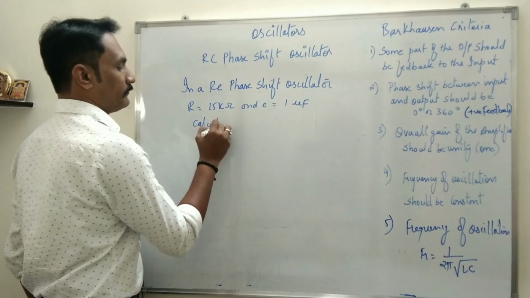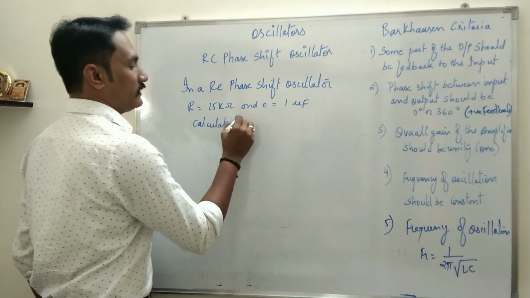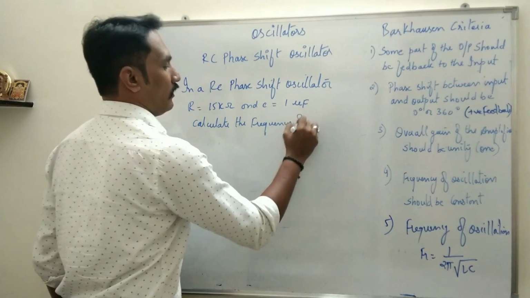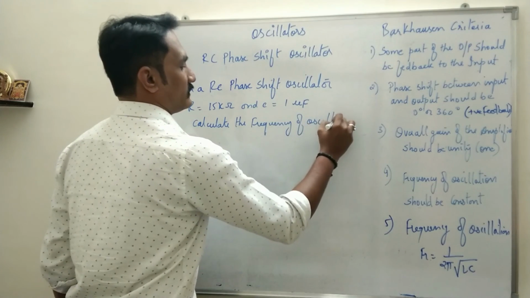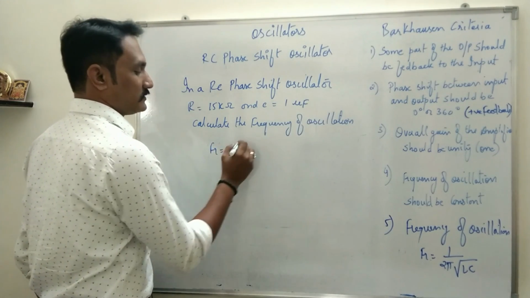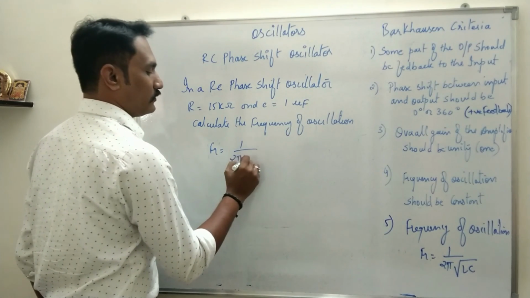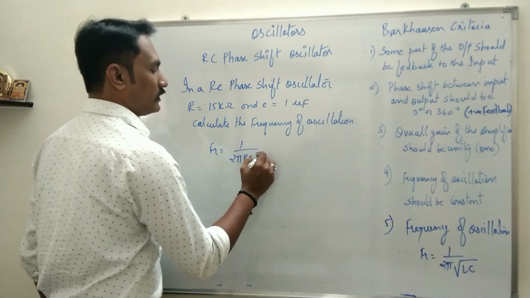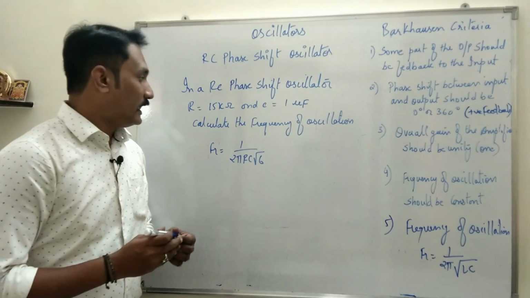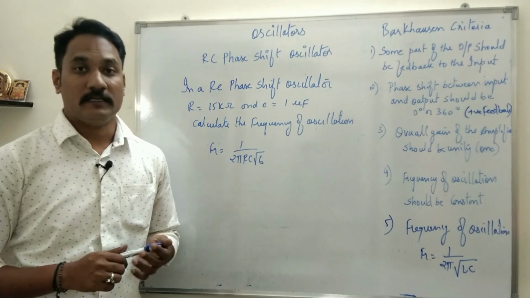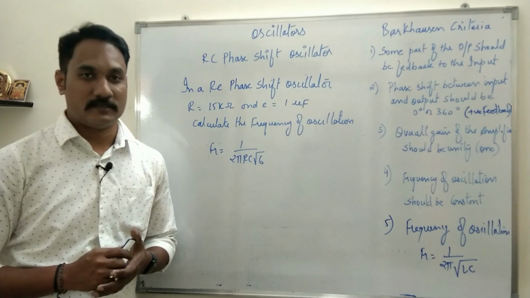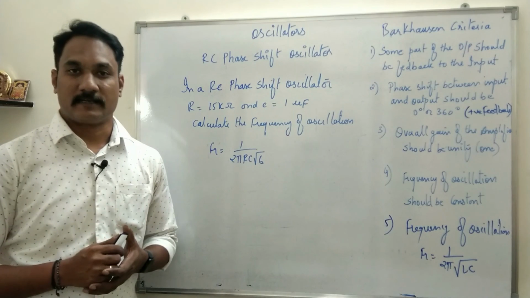Calculate the frequency of oscillation. The frequency of oscillation for an RC phase shift oscillator is given by 1 upon 2 pi RC under root of 6. You just need to substitute the values and get the answer. I will leave this for you. Just substitute the values, get the answer, and tell me in the next class.